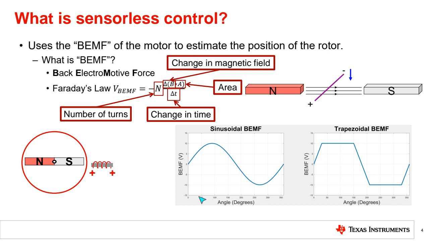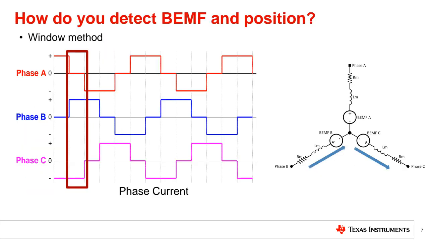If you estimate the zero crossing of all these phases, you can check every critical 60 degrees of your motor position. Okay, this is very important. For sinusoidal motors, driving a motor with sinusoidal current means that there is not a phase to create the window used in the windowed method.